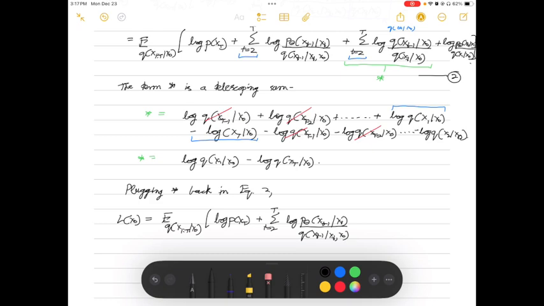That's again unchanged, and now we plug in star, which gives us log q x1 given x naught minus log q xt given x naught plus the final term, which is again unchanged, p of theta x naught given x1 over q of x1 given x naught.